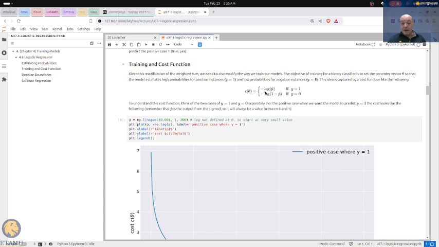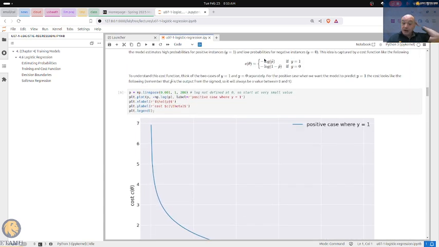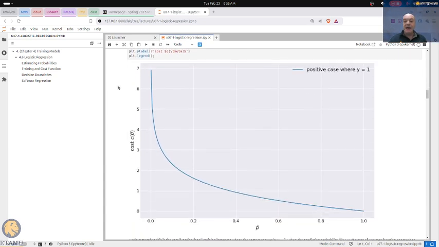When the value is 1, we'll just use this. The negative log of the p hat will give us a curve that looks like this. This is a good cost function because, remember, the true value is 1. So whenever we're predicting a 1, we want the cost to be low, because we're doing a minimization here.